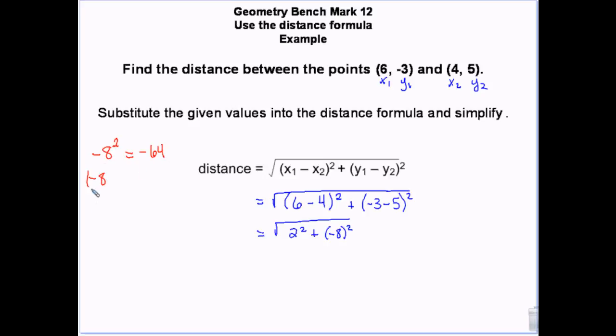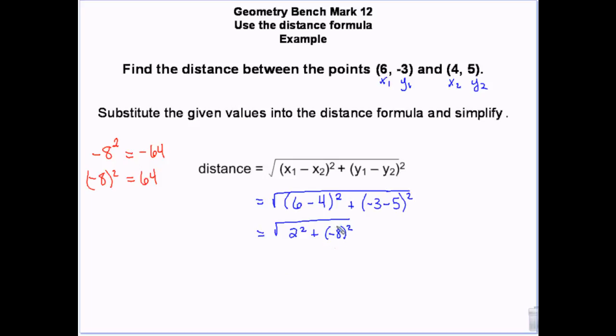But if the negative 8 is in parentheses, this is positive 64. The reason being is because an exponent is like a taser. It's only affecting the thing it directly touches. So here it's touching the parentheses, which means everything inside. But here it's only touching the 8, so the negative just gets left alone and hangs out. So there's a difference between these two, and it's a really important difference.